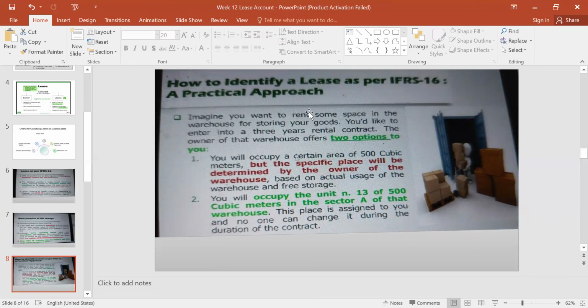Which part, you have to clearly mention in your lease agreement. Otherwise, the lease agreement cannot completely fulfill the criteria or conditions. This is the concept mentioned in this paragraph. So I think you should try to read it carefully and you will be able to understand this better.